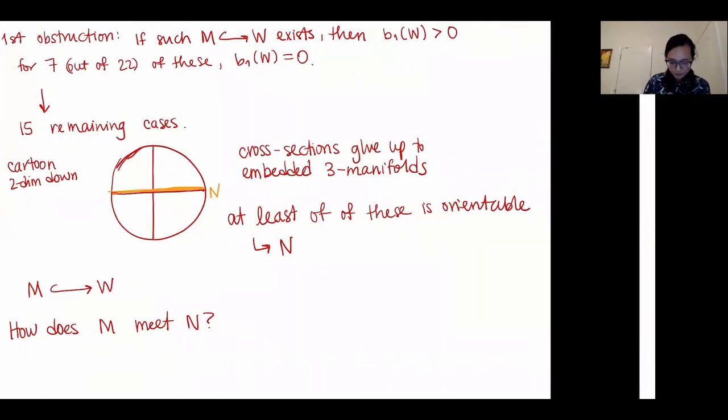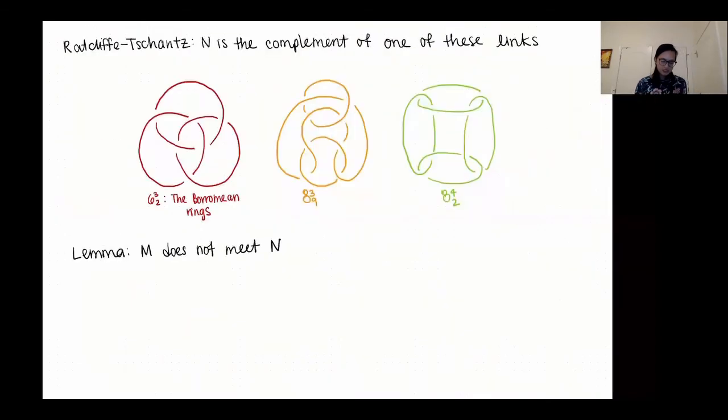So Ratcliffe and Tschantz also tell us that whenever N is this cross section that is orientable, it's actually one out of 3 possibilities. And the 3 possibilities are link complements. The first one that I have over here, this one in red, is the Borromean rings. And here you can see the notation in the Rolfsen tables. The next one is this other orange or yellow link, or otherwise it's this green link over here.